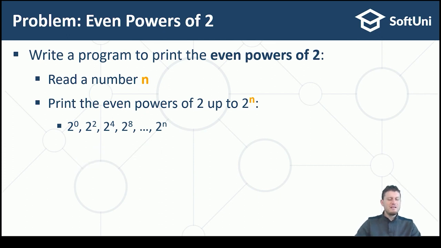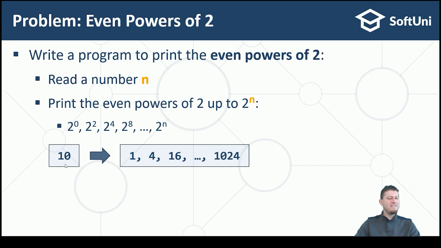Okay, let's see an example. If we have 10, the numbers will be from 1 to 1024. So this looks like a loop, but the formula to get from one value to the next value is that the next value is 4 times bigger than the previous one.